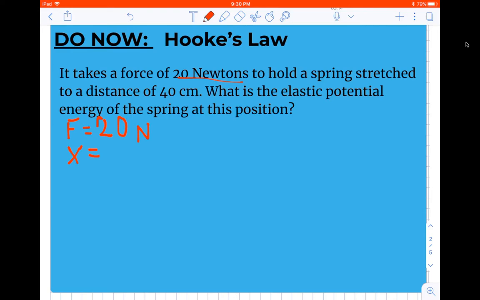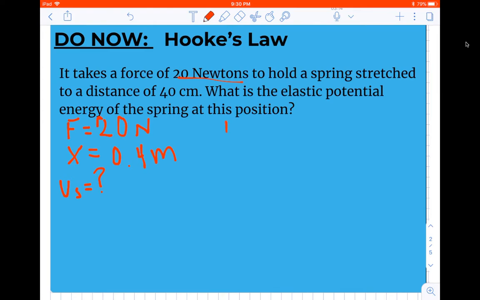We know that the units that we need here have to be meters in order to find K in newtons per meter. As it's stretched to a distance of 40 centimeters, x is going to be 0.4 meters. We want the elastic potential energy, U sub s, stored in the spring.